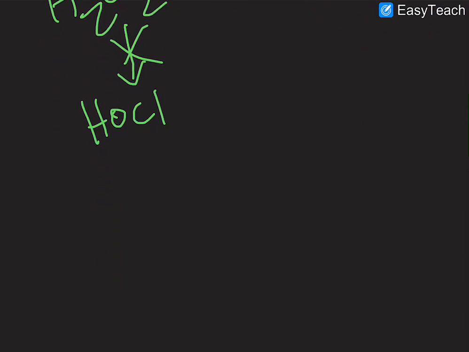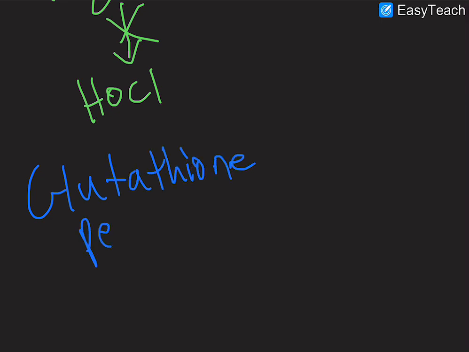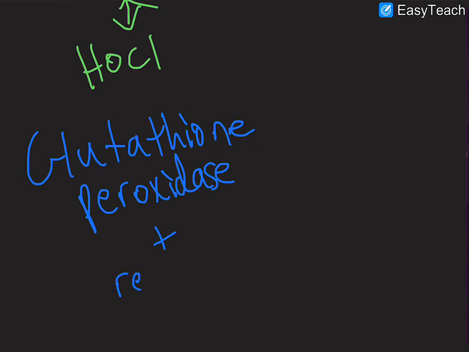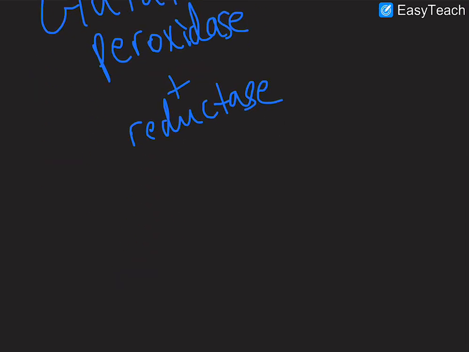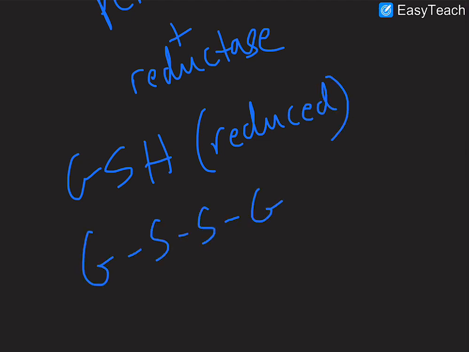Another important enzyme we should talk about is glutathione peroxidase, and glutathione reductase. Remember that glutathione can be in the reduced and oxidized form.